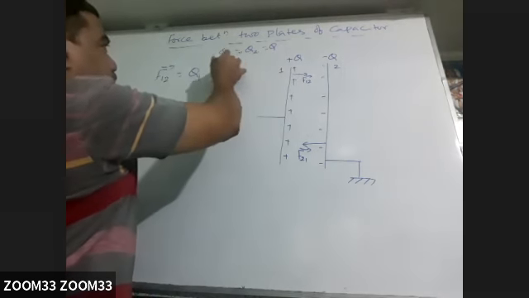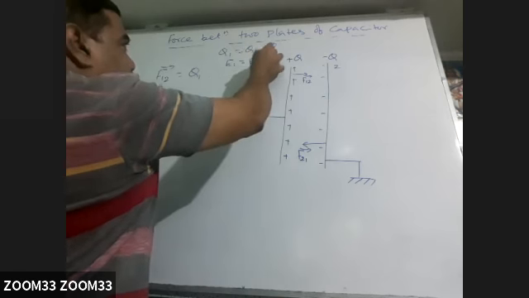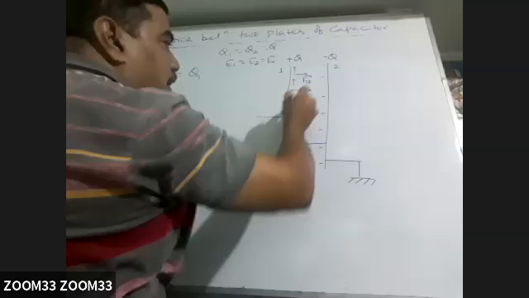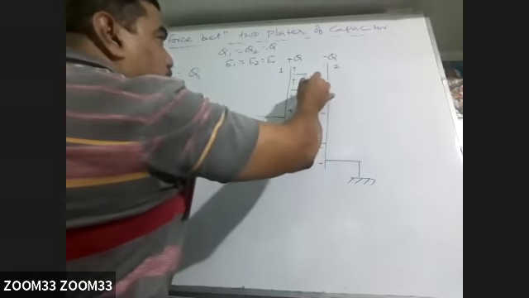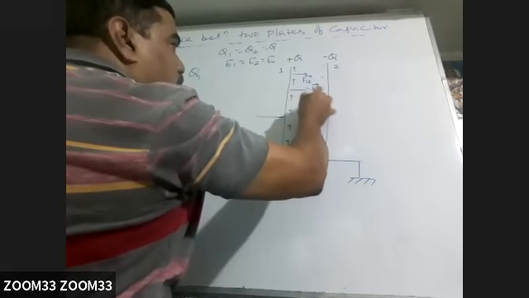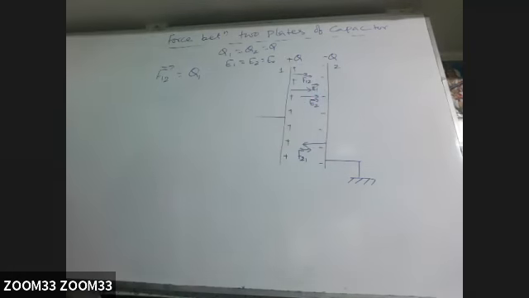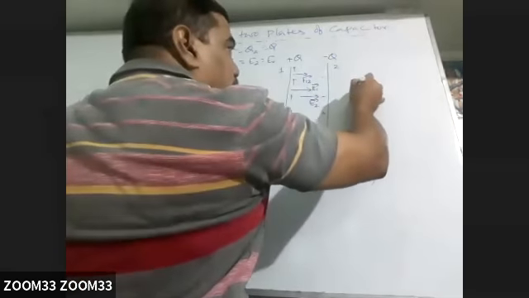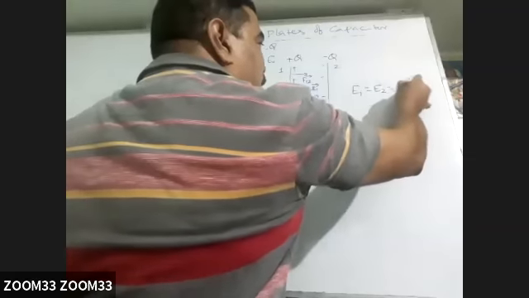And this E1 and E2, that is also same. Suppose it is E0. Electric field due to this will be in this direction, and due to this also will be the same direction. So this is suppose E1 and this is E2. The magnitude is same. So E1 equals E2 equals E0, we are writing.